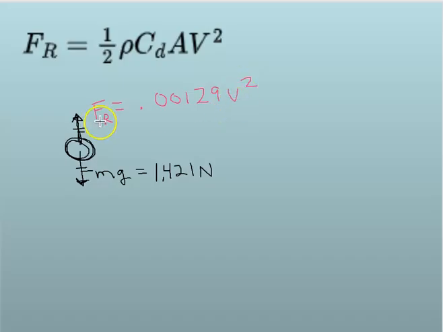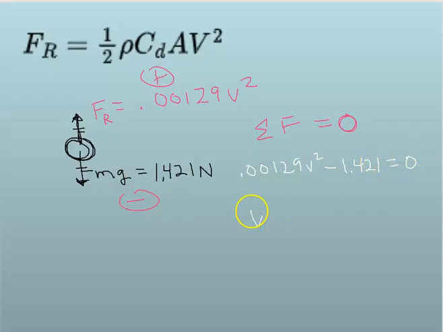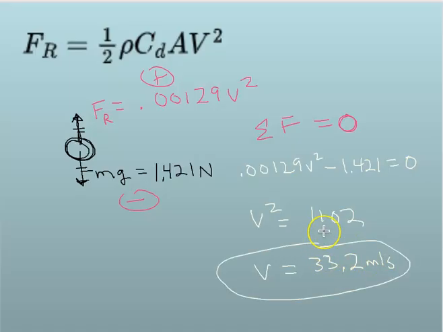As v goes up, air resistance goes up. At some point, they are equal. So the sum of the forces is 0, and let's make up positive. So we get 0.00129 v squared minus the weight equals 0. So you get v squared equals 1102. Take the square root of that: 33.2 meters per second, or about 70 miles per hour.